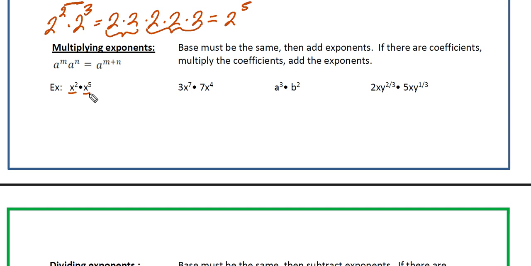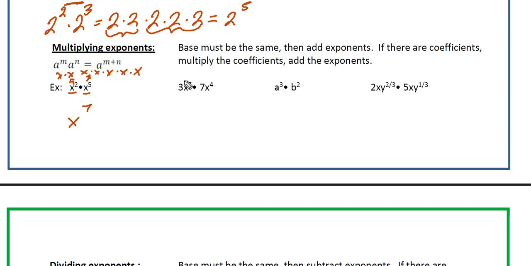As long as the base is the same, we can use this rule. If we add those exponents, we have x to the 7th. And remember, the reason why is x squared is just x times x, and x to the 5th is x times x times x times x times x. So really, we're just multiplying x 7 times. So we can condense that expression.